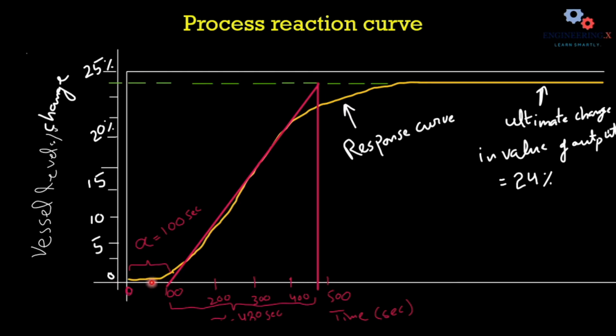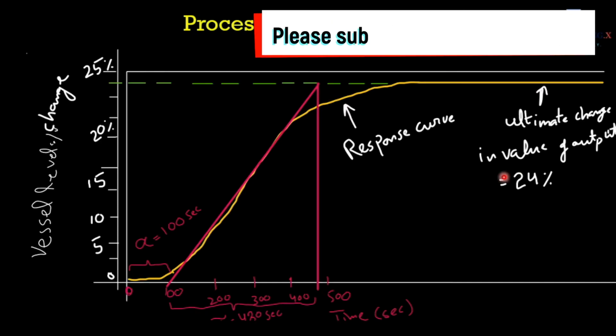The first response that we detect was after almost 100 seconds, and this orange line is showing the response of the system, so we call it the response curve. This white line is the disturbance introduced, that is 25%, and the response of the system is almost 24%. So the ultimate change in the value of the output is 24%.